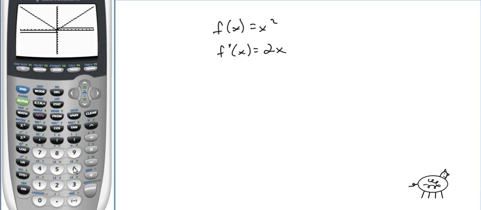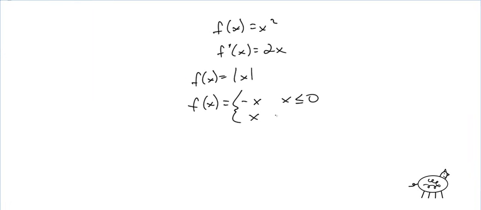Let's look at the equation. If I broke f of x equals absolute value of x into a piecewise function, wouldn't it be f of x equals negative x when x is less than or equal to 0, and positive x when x is greater than 0? And sure enough, that's exactly what it did when it graphed it.